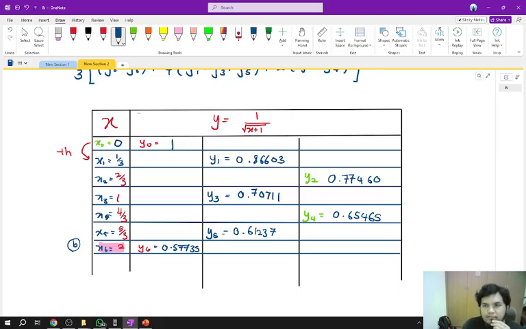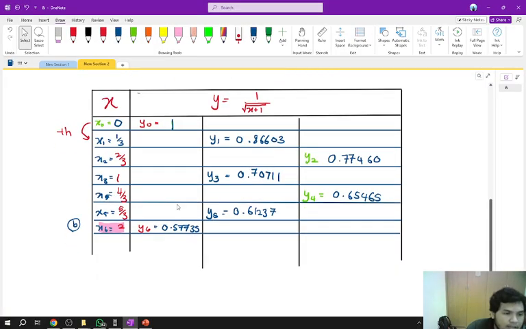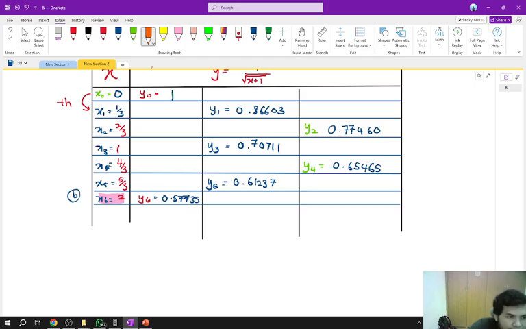Okay, so we have done finding y with the respective x, and next we have to find the summation for each column. The first column we have the answer 1.57735.